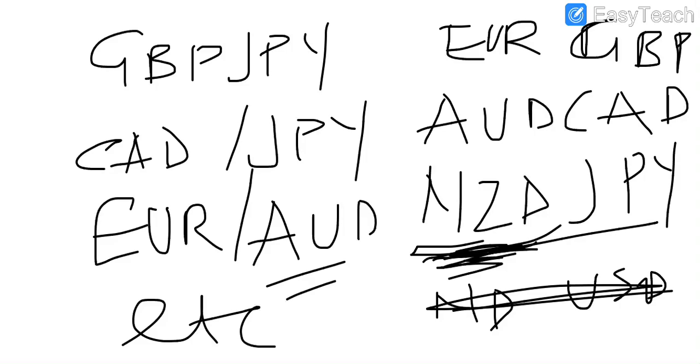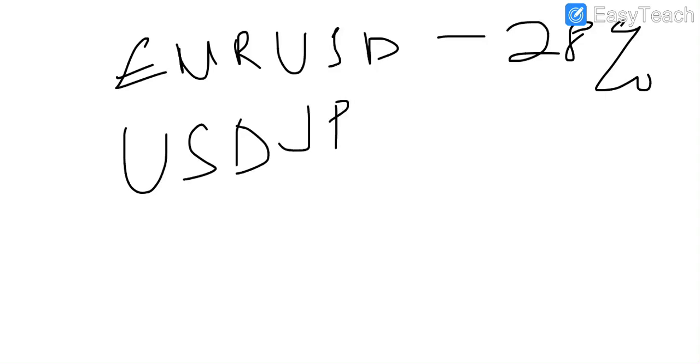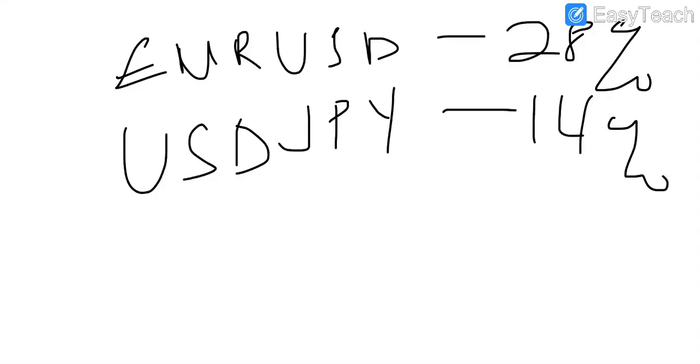Now let's move on to understanding why we are saying USD is good. Euro USD makes up 28% of the market, so it's very popularly traded. Another popular currency pair you should look towards is USD JPY, my second favorite, at 14%.